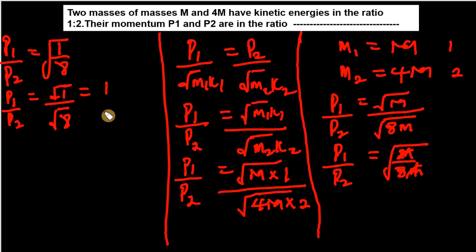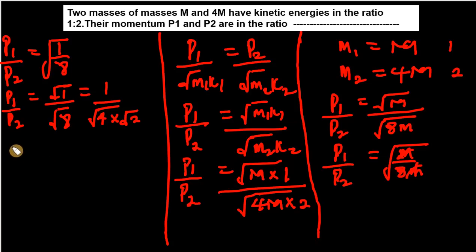And root 8 we can write as root 4 times root 2, which will give you root 8.